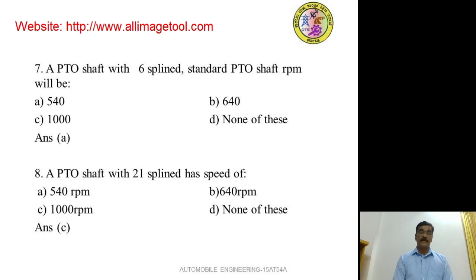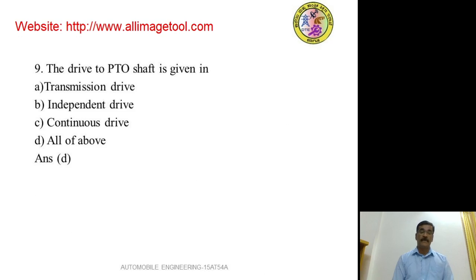Question number 8. A PTO shaft with 21 splines has speed of option A 540 rpm, option B 640 rpm, option C 1000 rpm, option D none of these. Question number 9.